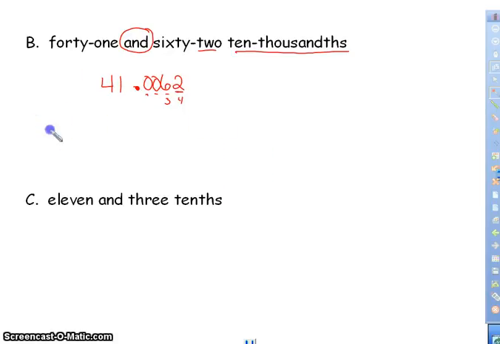Now my expanded form, once again, consists of each number multiplied by the place value.